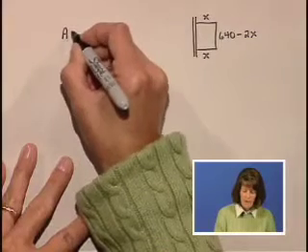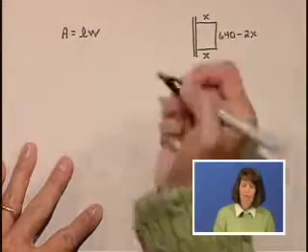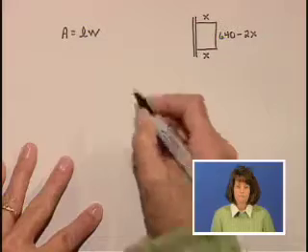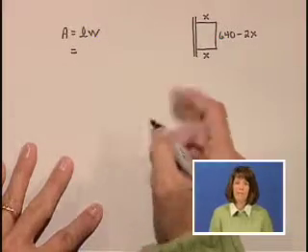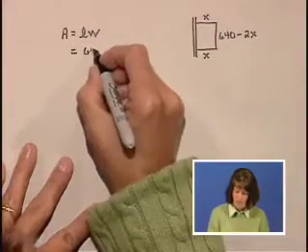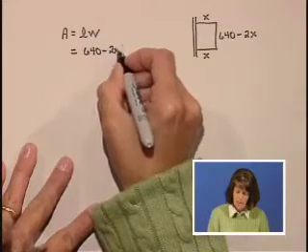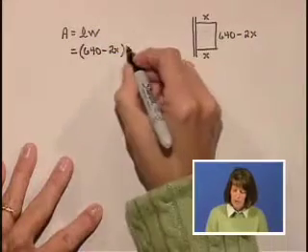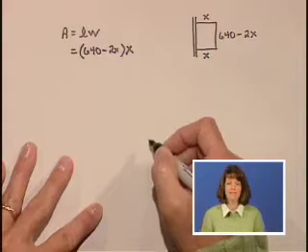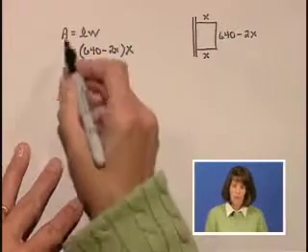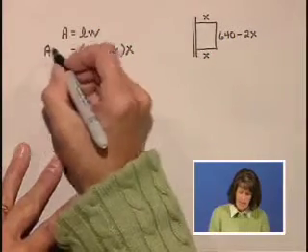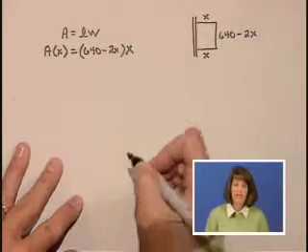Well, the area of a rectangle is length times width. Here we have a length of 640 minus 2x. We've defined our width as x. We can write this then as an area function in terms of x.